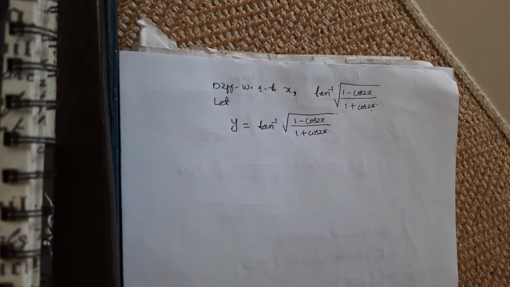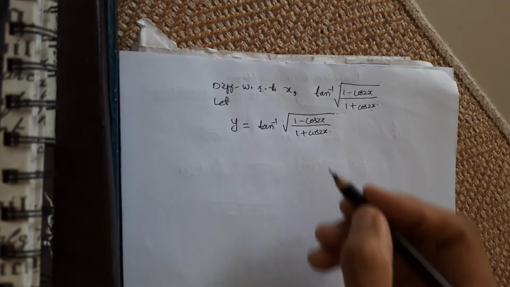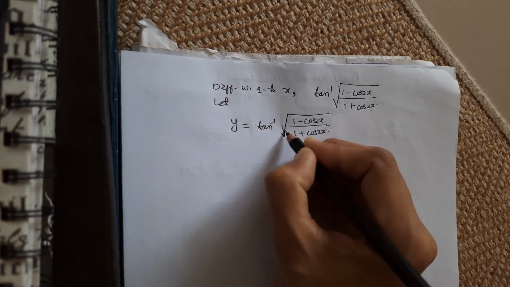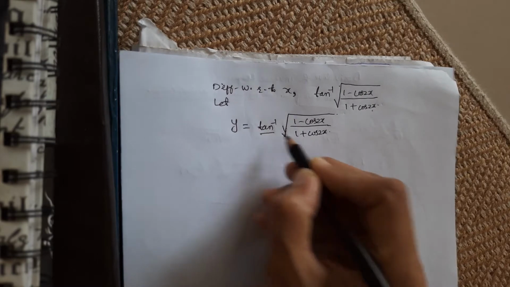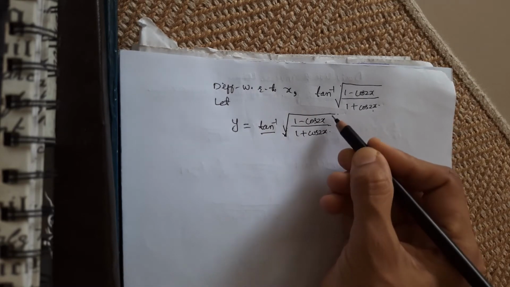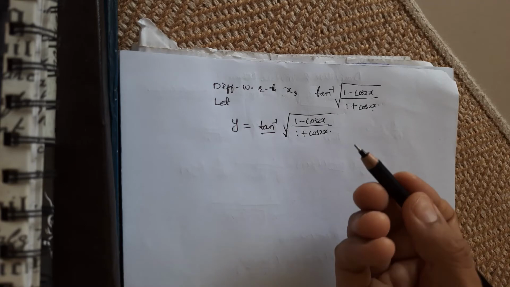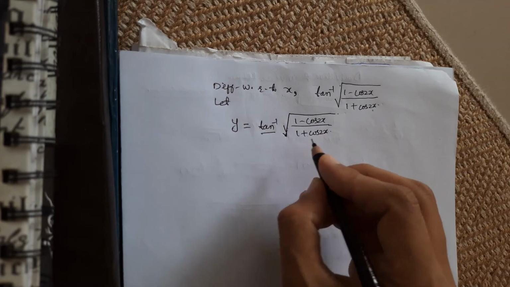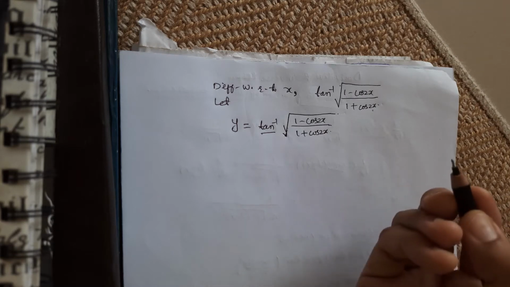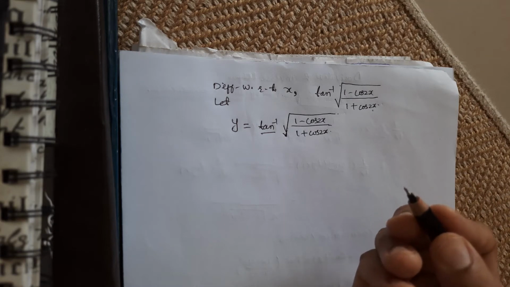Now this is a composite function, and you can differentiate it as the derivative of the external multiplied by the derivative of the internal, but it's very complicated in this way. Instead of that, we will try to solve it by using trigonometric formulas. Can we simplify it as we discussed earlier?